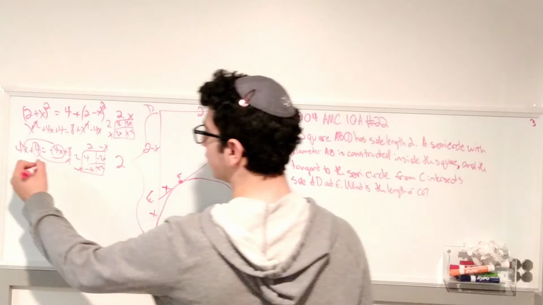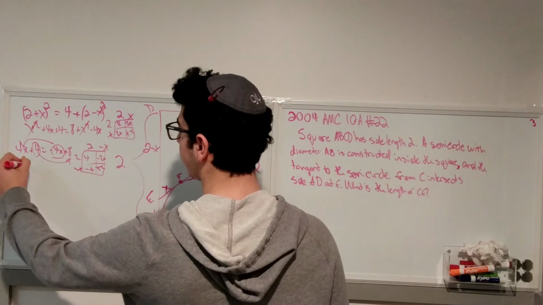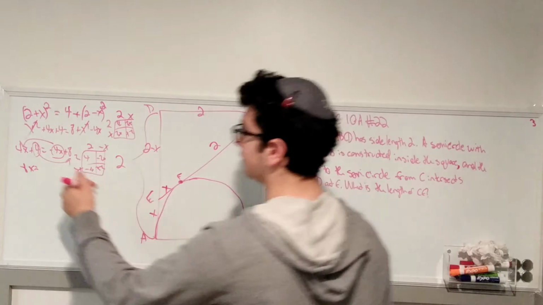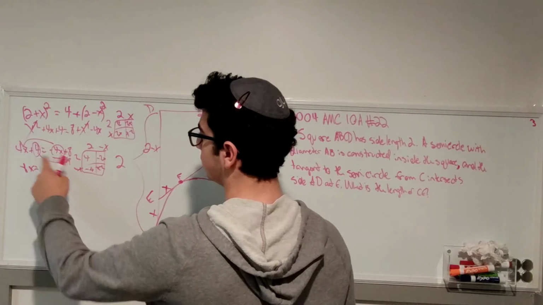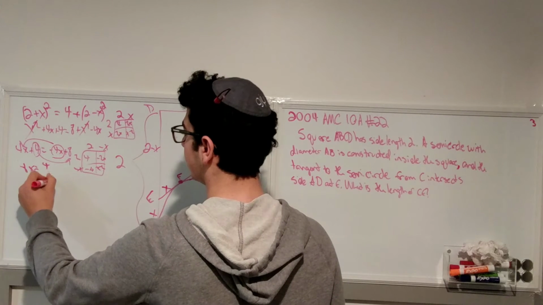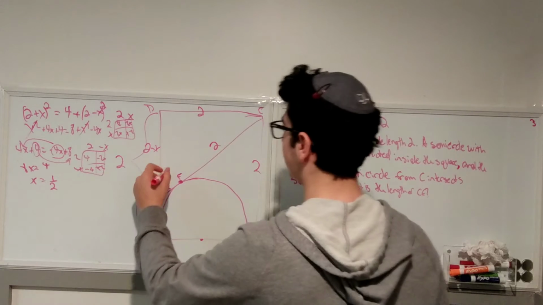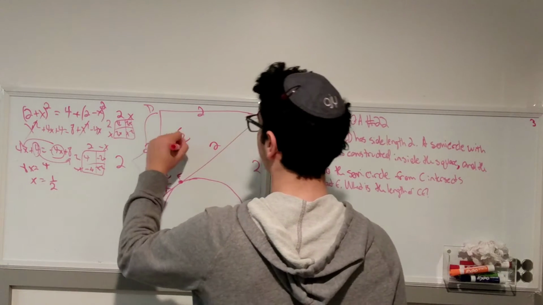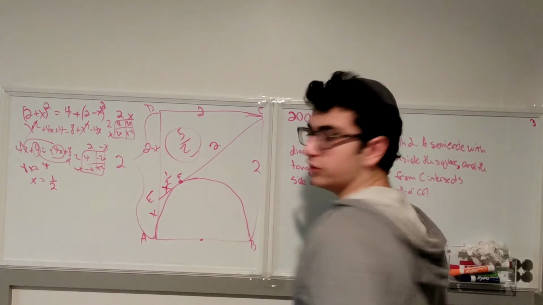So we are going to be left with 8x is equal to 4, that means that x is 1/2. Now if x is a half, that means that CE is going to equal 5 halves, or 2 1/2.